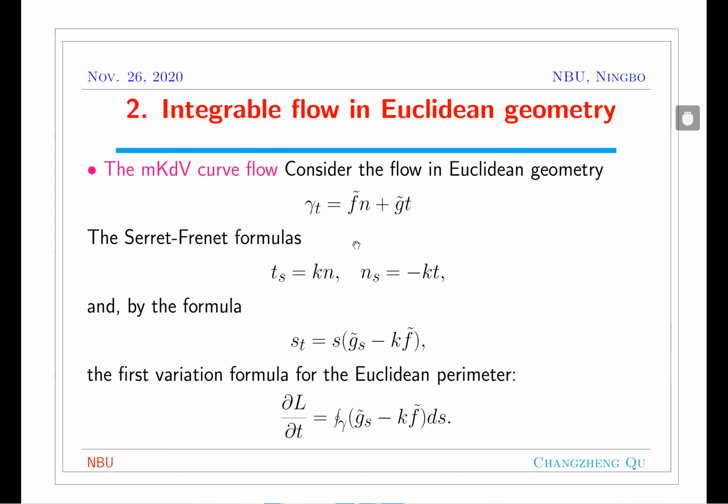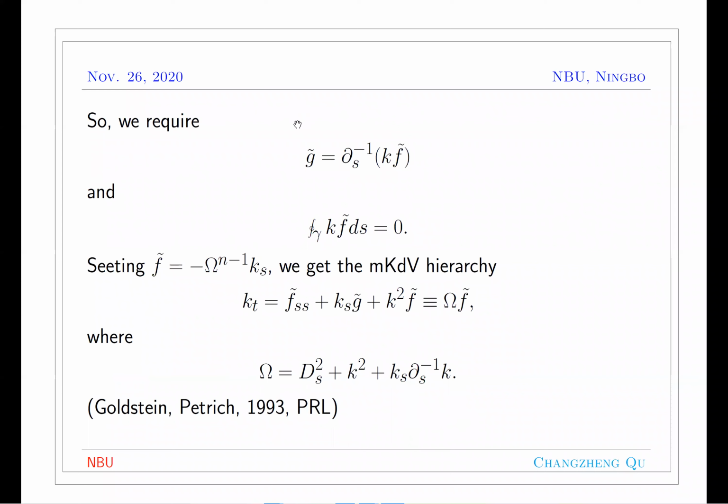If the flow is governed by this one, we can find the arc length element from this equation. If we assume s does not depend on time t, the right hand side equals 0, so we can determine the tangential velocity by the normal velocity. Also, for a closed curve, we can compute the parameter and get this one. In this case, we can do the computation for the curvature, and we get these equations.